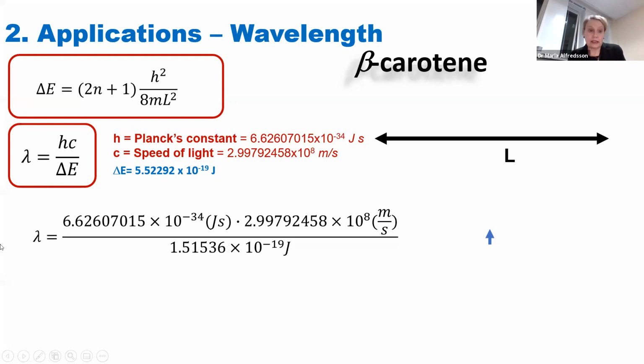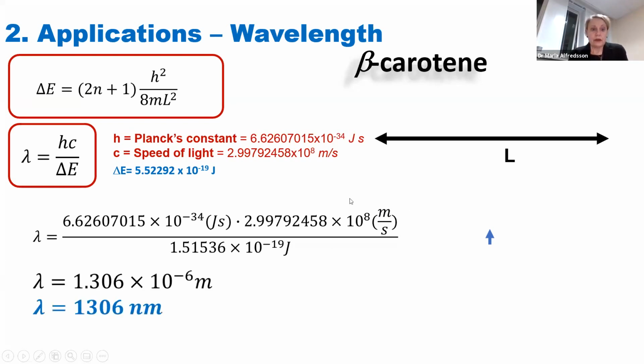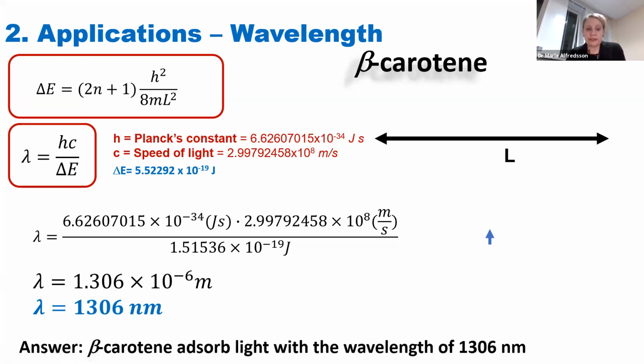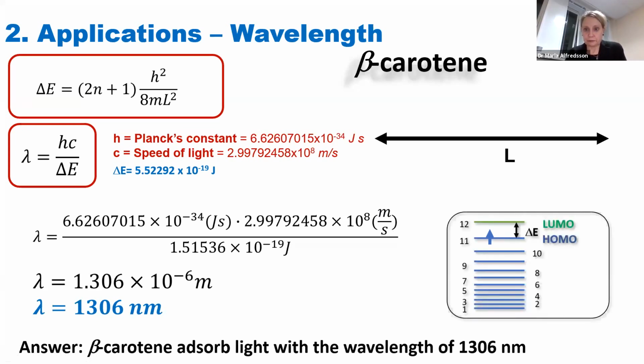So what I get is a wavelength, and it's given in meters. Now I have a wavelength of 3.06 times 10 to the power of minus 6 meters, which is 1,306 nanometers. So beta carotene absorbs light with a wavelength of 1,306 nanometers.